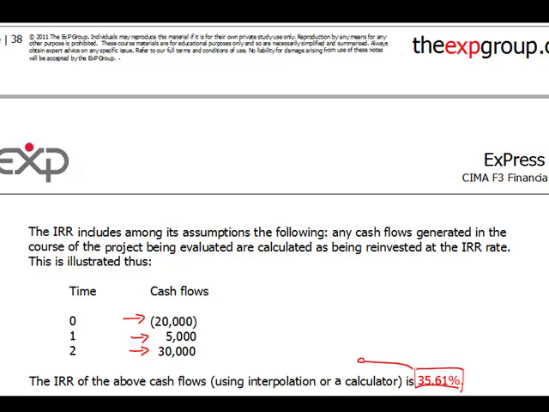This disadvantage is in the fact that IRR assumes that those cash flows are reinvested at that internal rate of return. So basically, if the project generates 5,000 in year 1, that 5,000 between year 1 and 2 earns 35.61%.